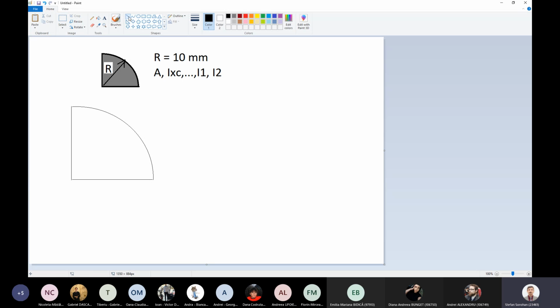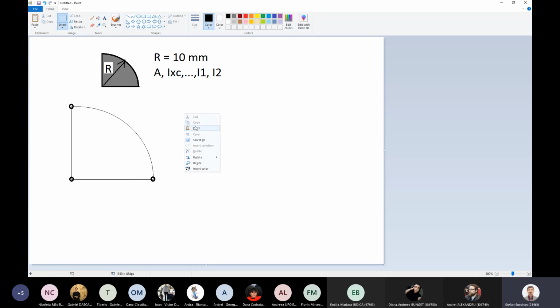For that, I will put some nodes. I need a node in this point, another one here, another one here.